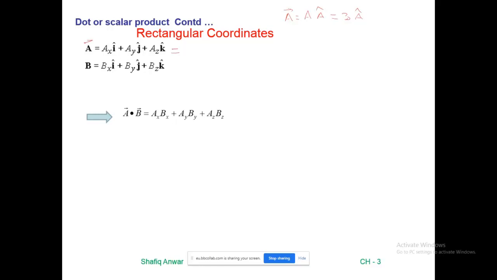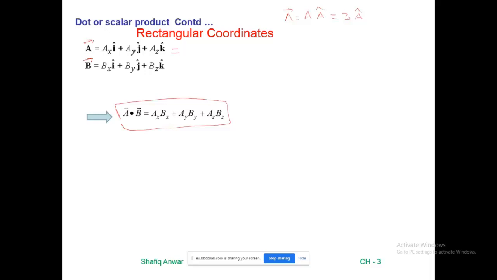So this is A vector and this is B vector. Now if you multiply, this is the rule that A dot B vector becomes equal to, this is a simple rule you can use directly.